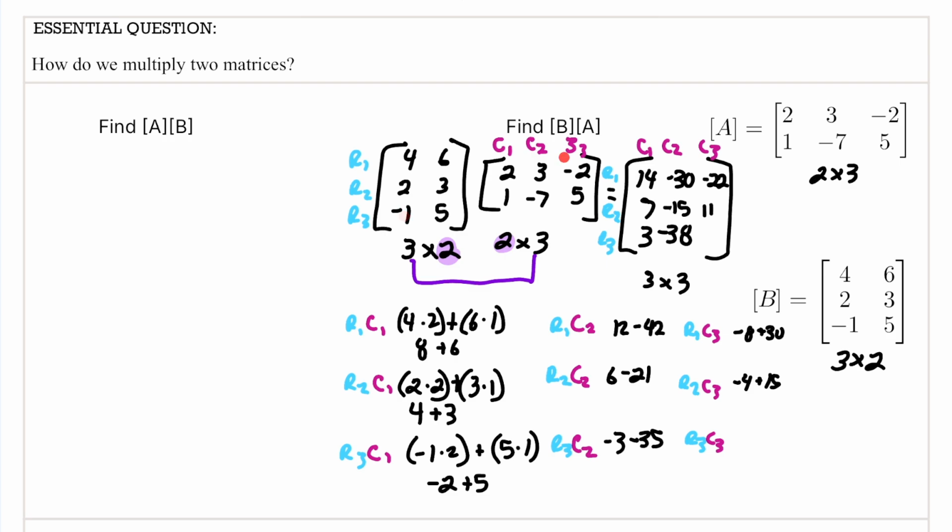Negative 1 times negative 2 is positive 2. 5 times 5 is 25. And we get 27. So changing the order in which we multiply changes the final product of our two matrices. So A times B is different than B times A.